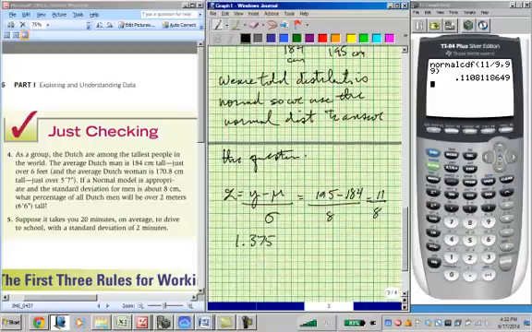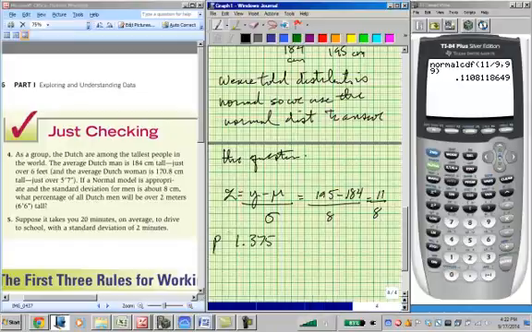Okay, so call this a probability: the percent greater than or equal to z equals 11 over 8 is 11.08%.